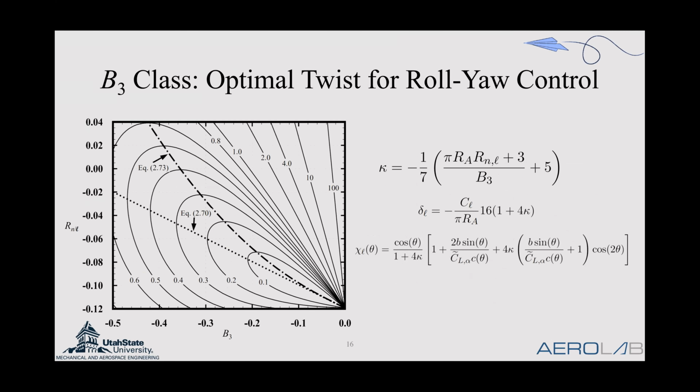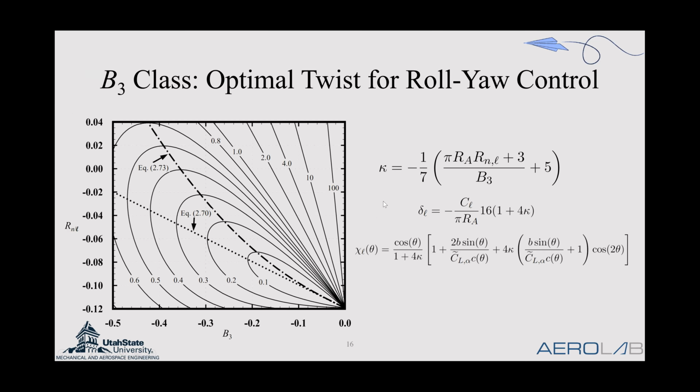So we were able to solve for the optimal antisymmetric twist distribution that will minimize induced drag for a given B3 class of spanwise symmetric lift distributions and for a desired roll-yaw coupling. So for a certain roll-yaw control ratio and for a certain B3 value, we know what the antisymmetric twist distribution needs to be, and it's defined by these equations right here.